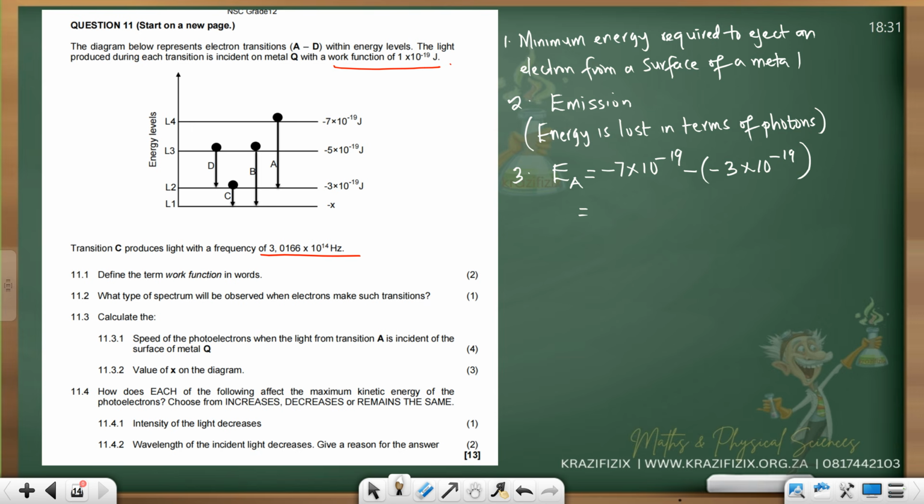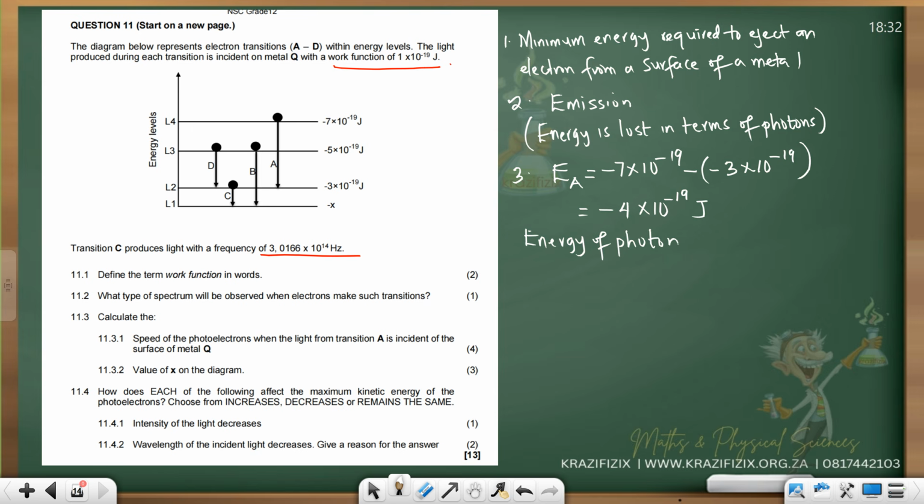What would that give us? Please check, the negative is only telling you energy is lost. But the energy of the photon itself, remember I told you, energy is lost in terms of photon.